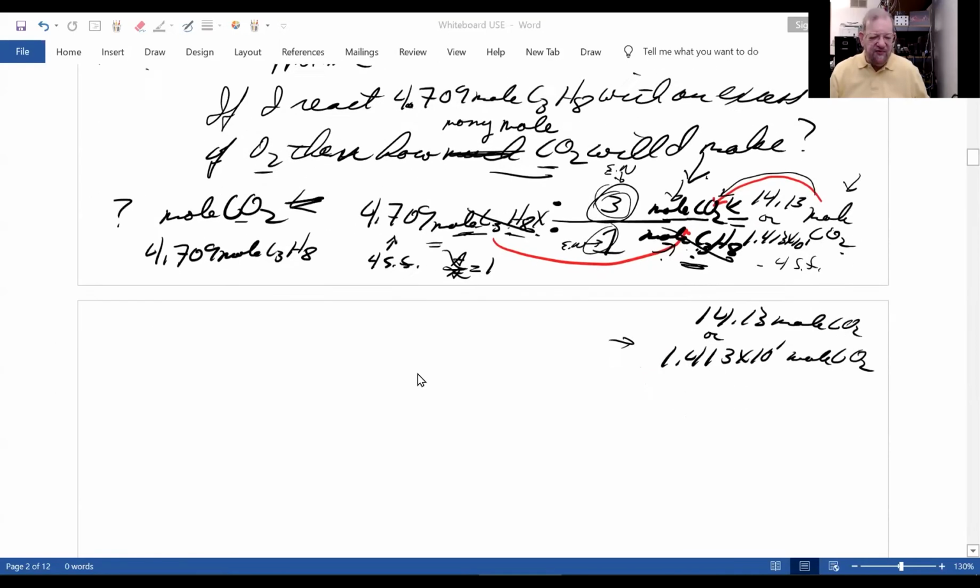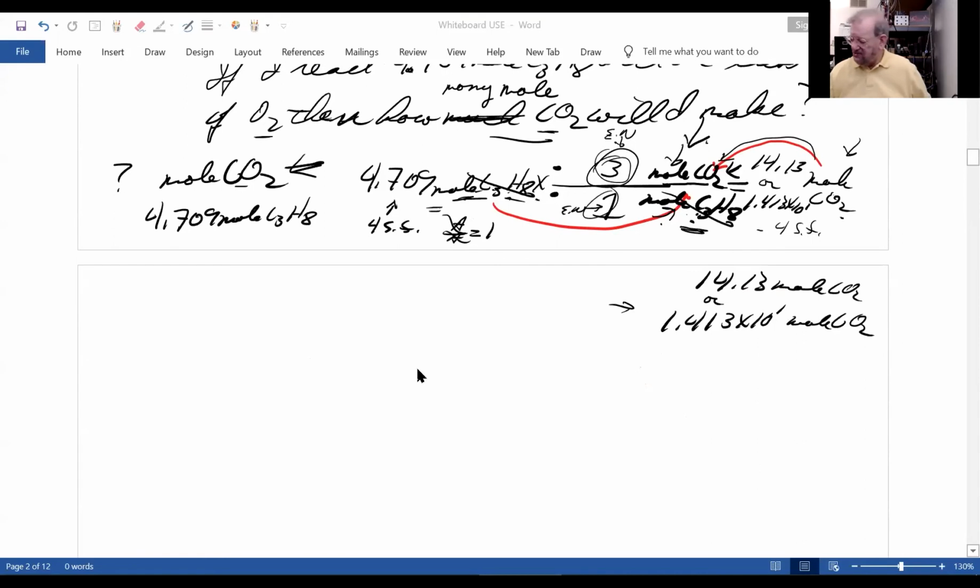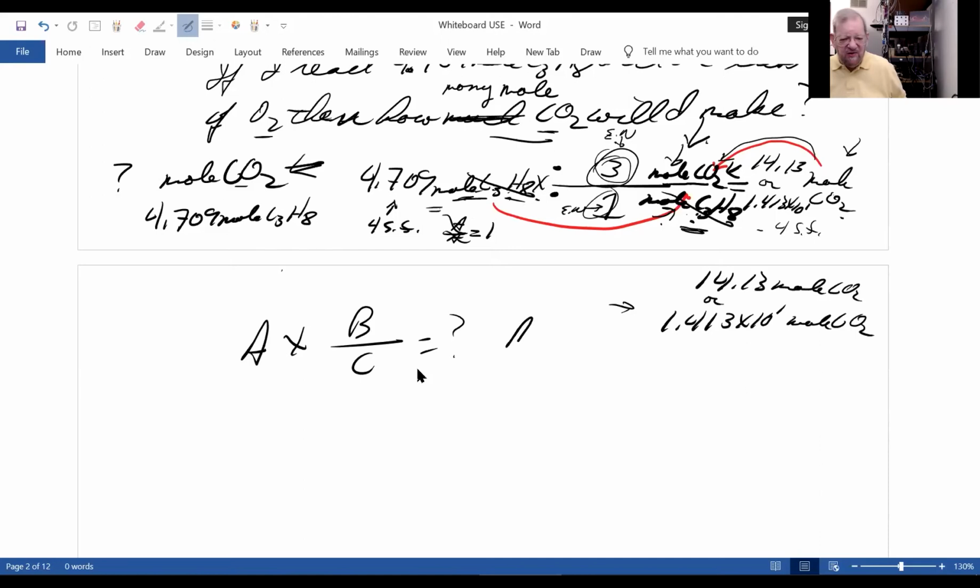All right, quick little math. What does this equal? Equals A, and we multiply this times that, B, and we're dividing this by C. Does that help you? Yeah, it does. Thank you.